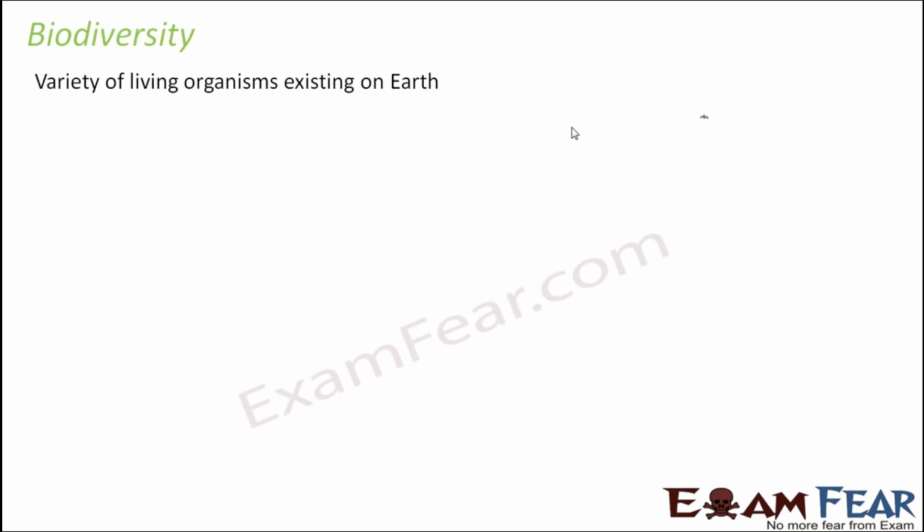So if you look at the variety, you will see that a huge variety of living organisms exist on Earth, and that is known as biodiversity. The word bio means life and diversity refers to variety. So the variety of life forms on Earth is called biodiversity.